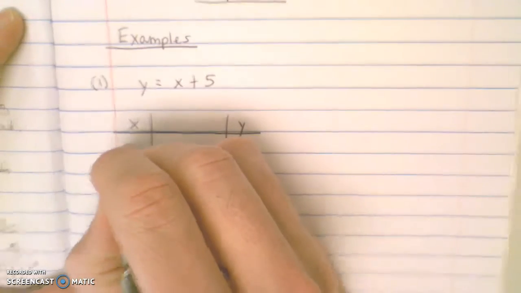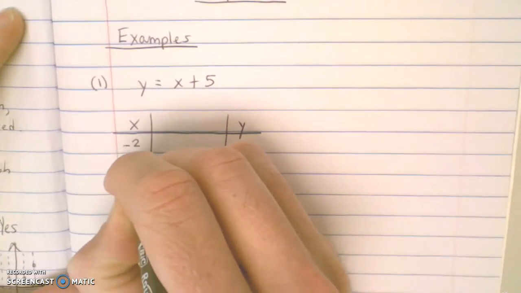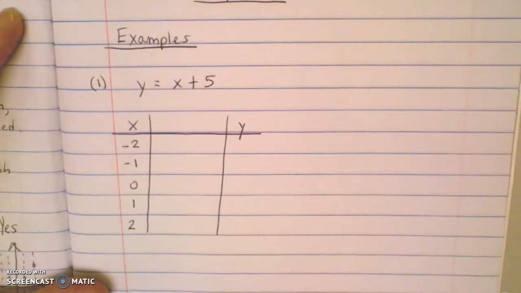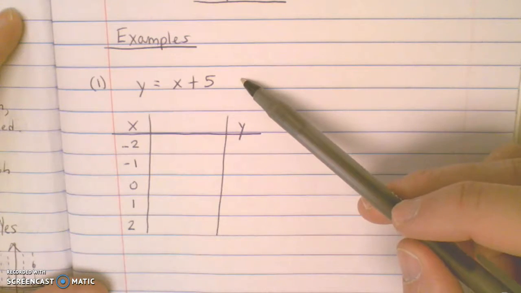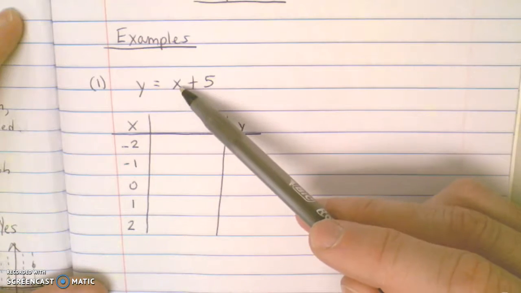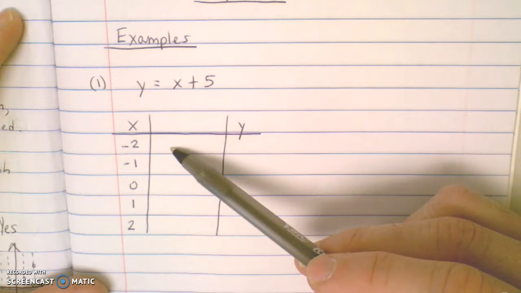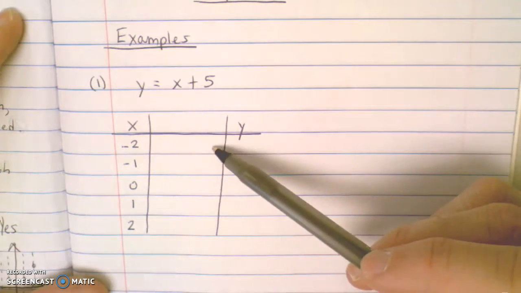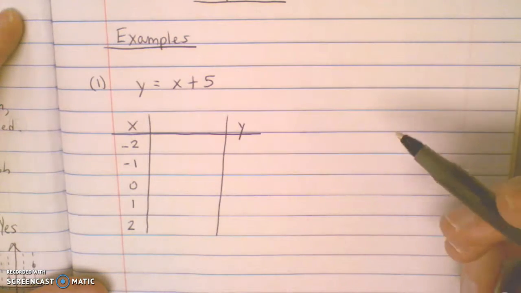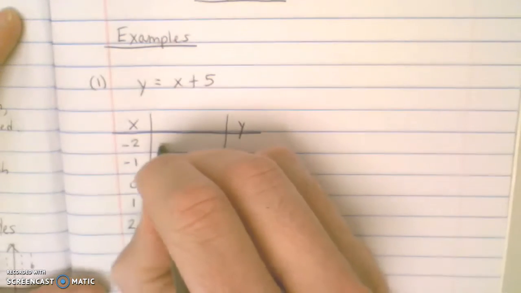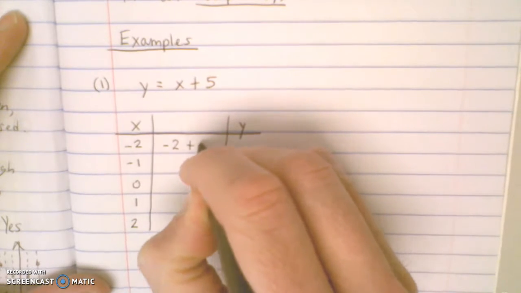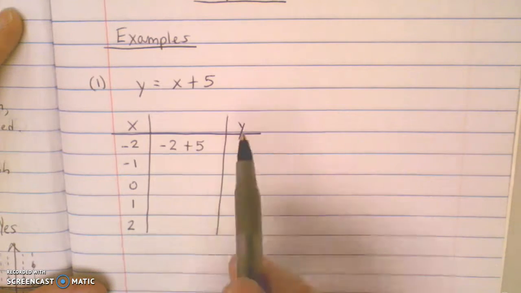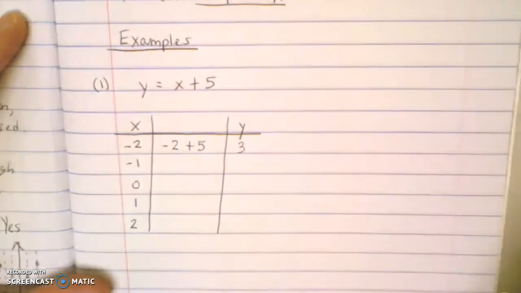So let's say our x values are -2, -1, 0, 1, and 2. When you have an equation, you're going to take your x values and replace the x in the equation with the number that you're using as your input and see what comes out. So for the first one, I'm going to plug in -2 for x, and I'm just going to add 5 to it. I'm going to do what the rule is saying to do. So -2 plus 5 gives me 3.